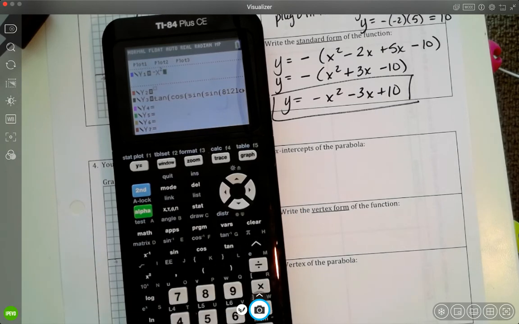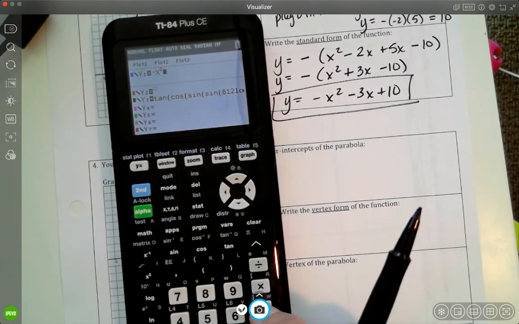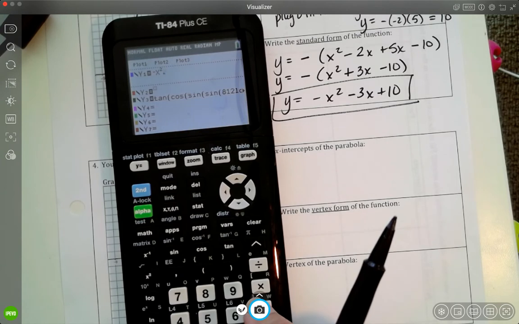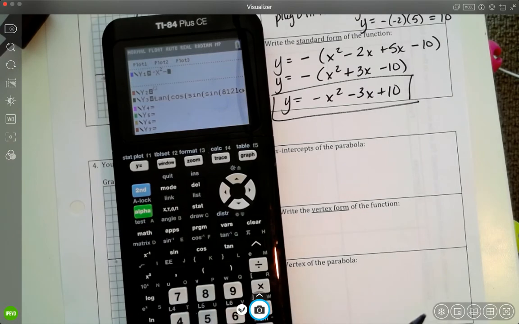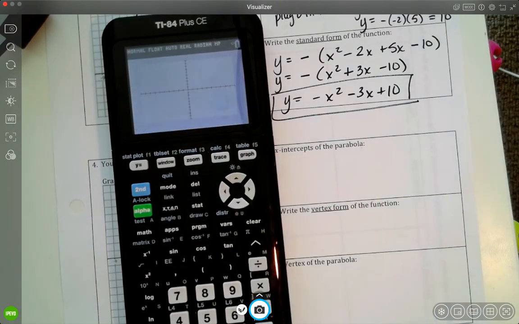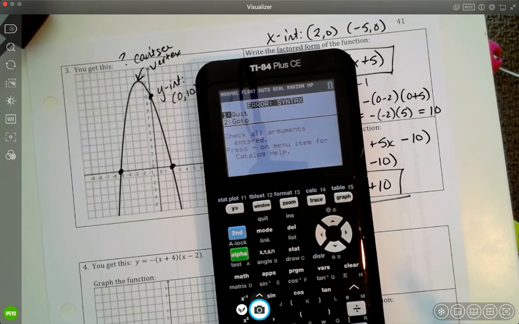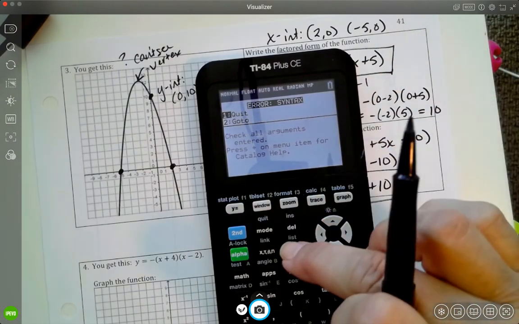And then minus 3x is just like what you usually think, the minus button, minus 3x plus 10. I'm going to go ahead and graph it. Okay, and I kind of want to see if that matches the graph on my paper. I mean, my window is like, oh, nothing.